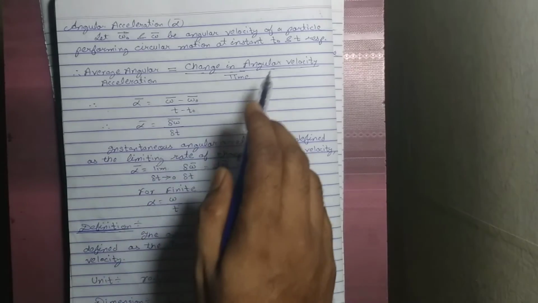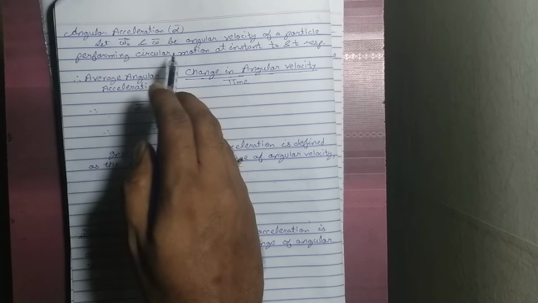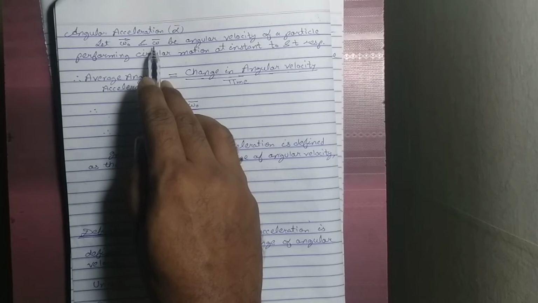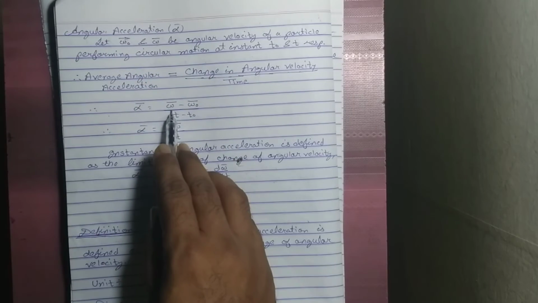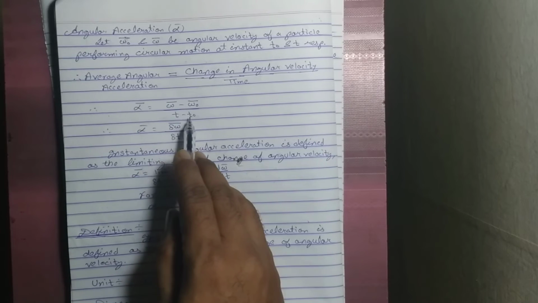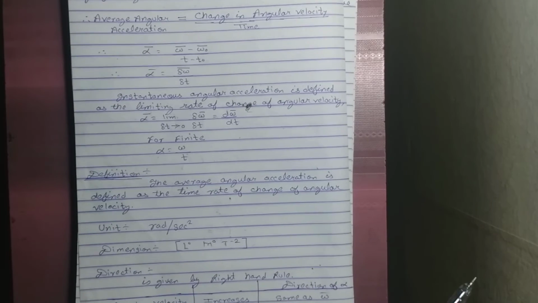Initially, if I consider omega naught is the initial angular velocity at time t equals 0, and omega is another angular velocity at time t, then omega minus omega naught upon t minus t naught will give us what? Angular acceleration.